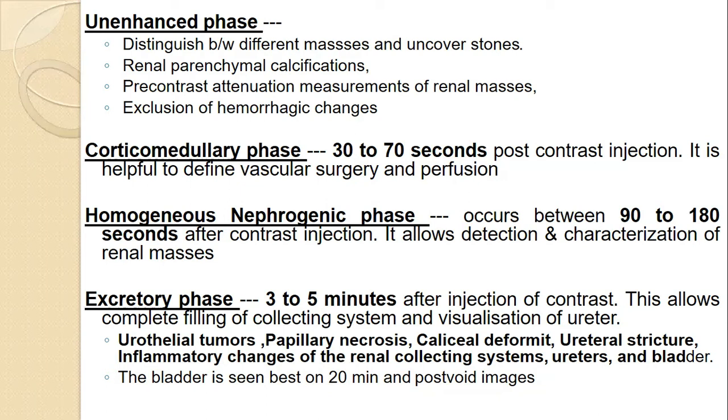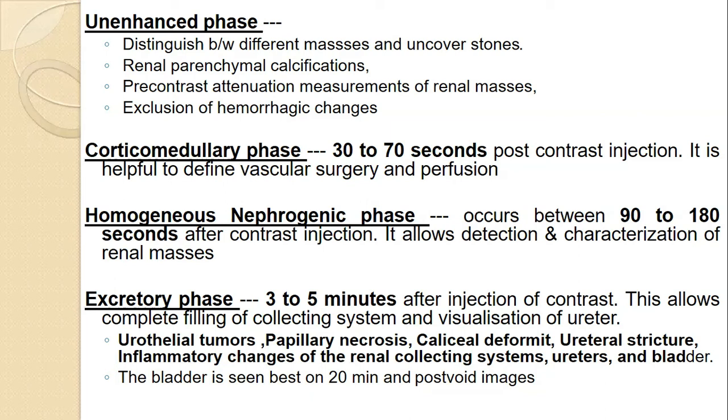So it's true. The unenhanced CT distinguishes between different masses, uncovers stones and renal parenchymal calcification, allows pre-contrast attenuation measurement of renal masses, and excludes hemorrhagic changes. The next phase is the corticomedullary phase, which is 30 to 70 seconds post-contrast injection. It helps define the vascular anatomy and perfusion of the kidney. The homogeneous nephrographic phase occurs between 90 to 180 seconds after contrast injection.